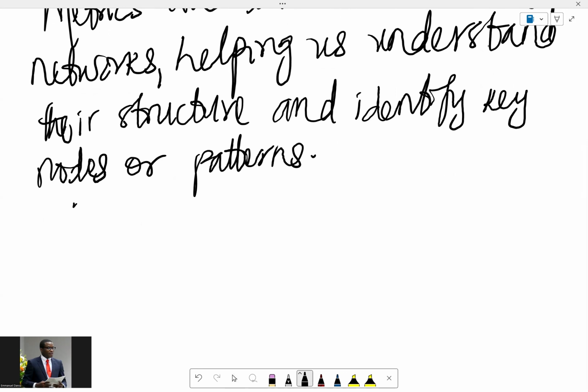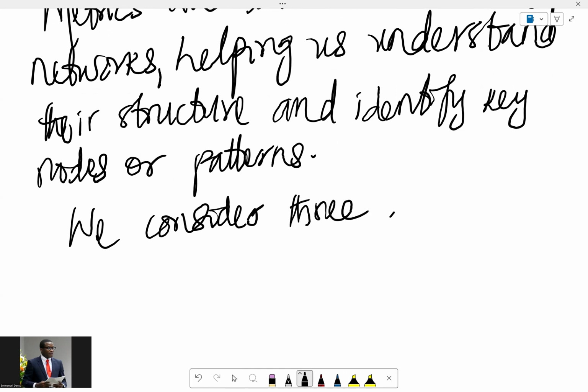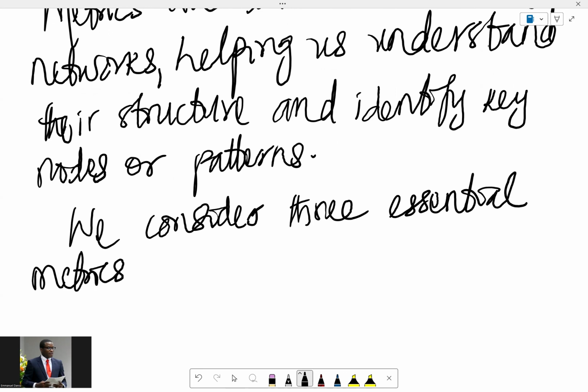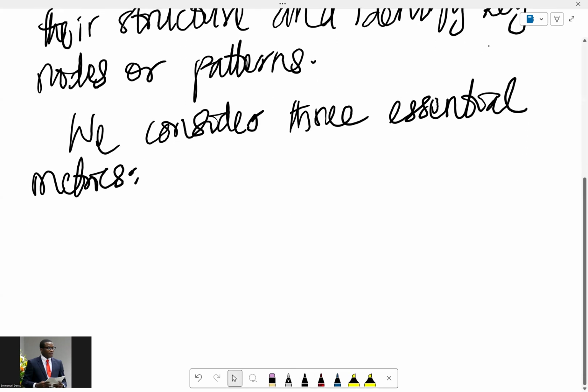So we consider three essential metrics. The first one is degree distribution.